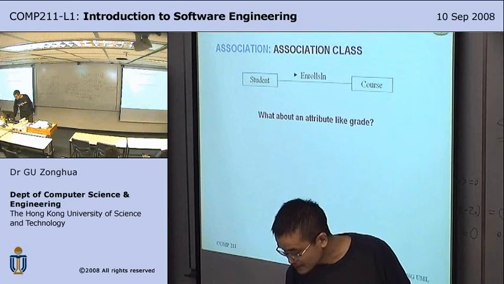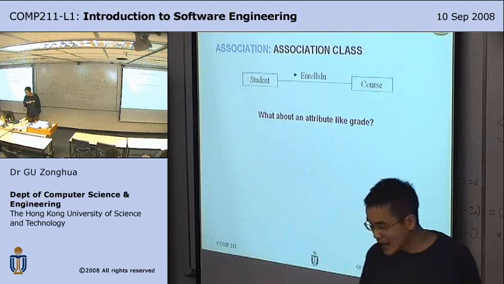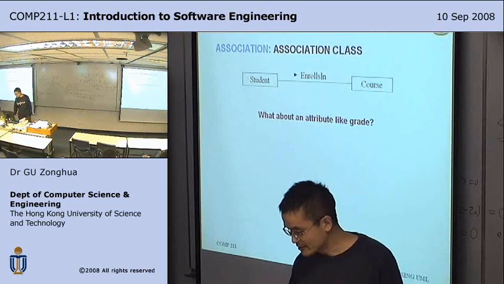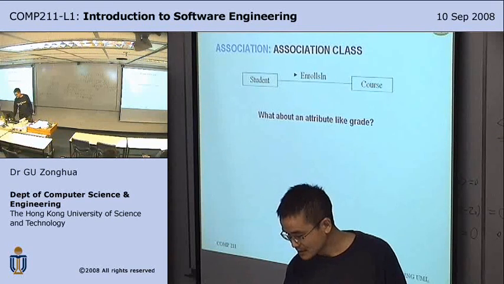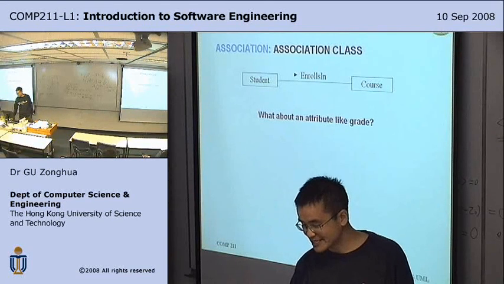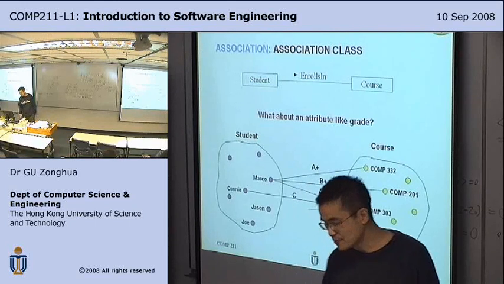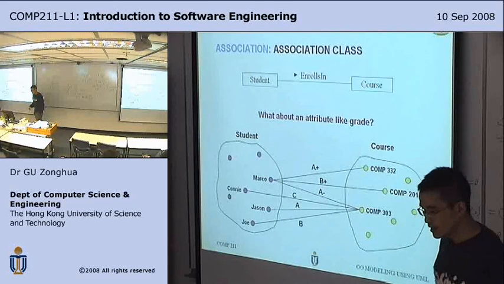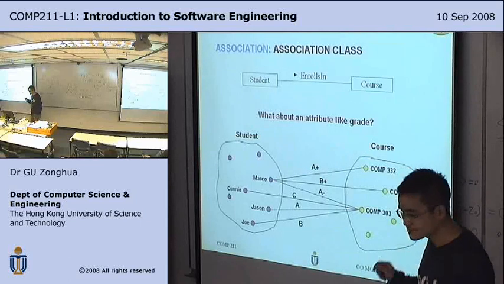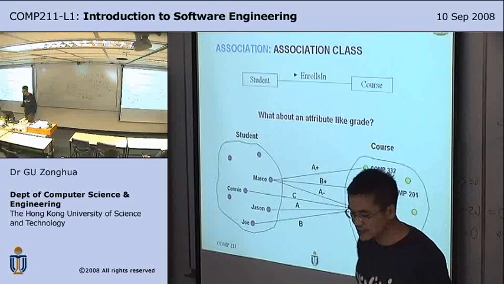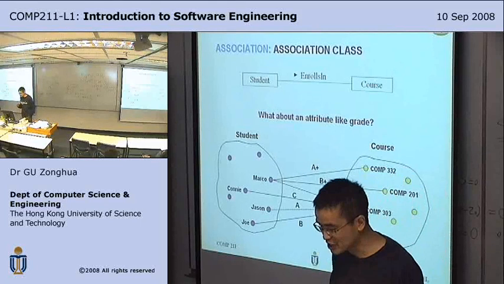So association class is sometimes necessary because, so for this association, the student enrolls in a course. You have many links between objects for this enrolls in association between classes.